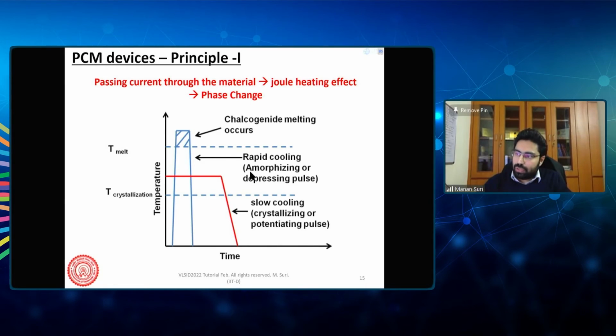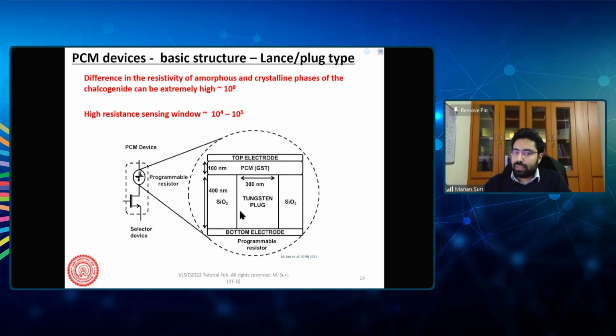These device structures are engineered in such a way that when you apply an electronic voltage or current pulse, whatever the shape of your electric pulse, it would create a similarly shaped temperature profile in your chalcogenide material, the GST material.